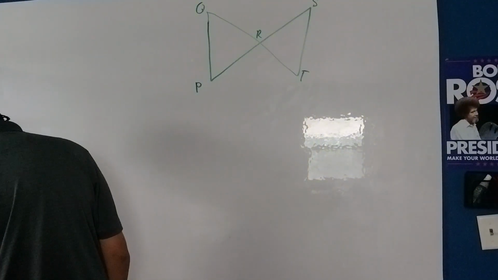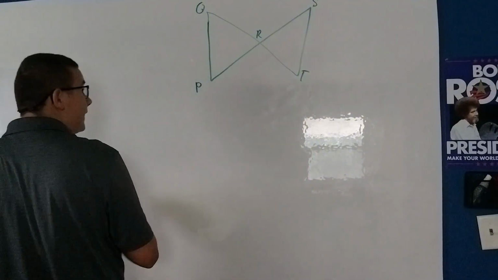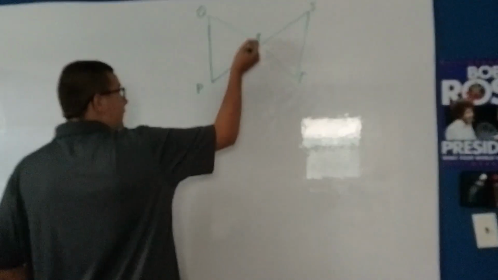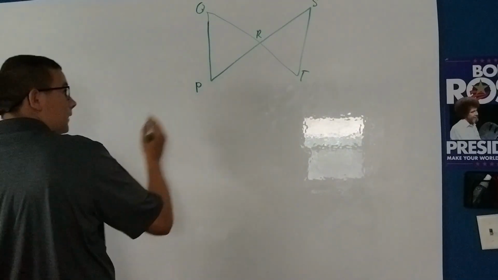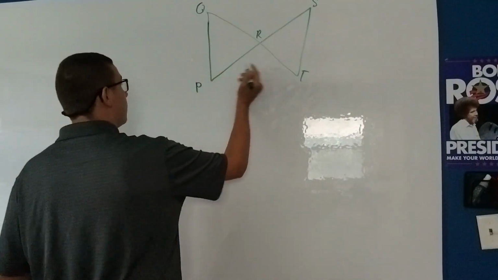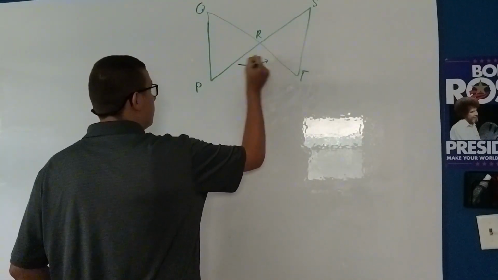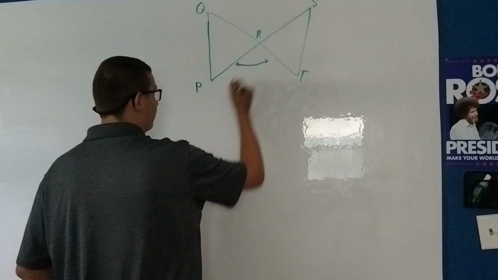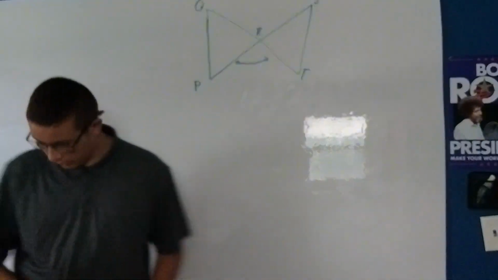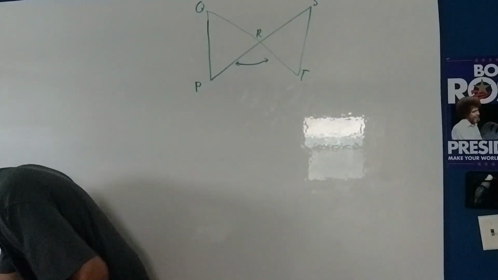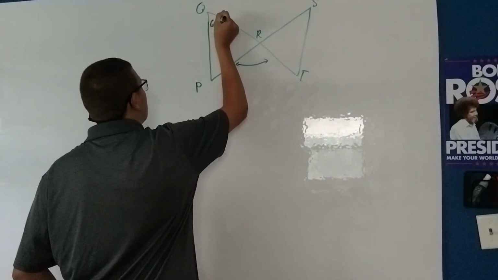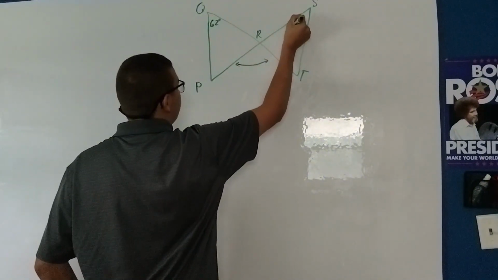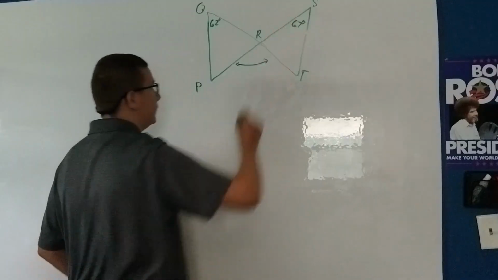And I ask, is PR, so this right here, or TR, so this right here, which of these two sides is greater? But I apologize, I forgot to tell you the angle measures. This is 62 degrees. That is 67 degrees.